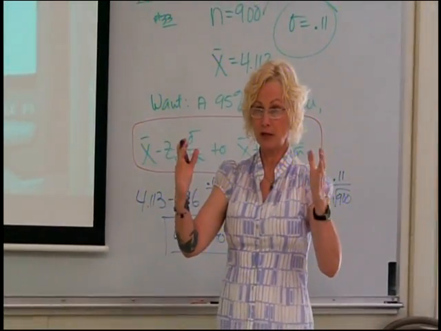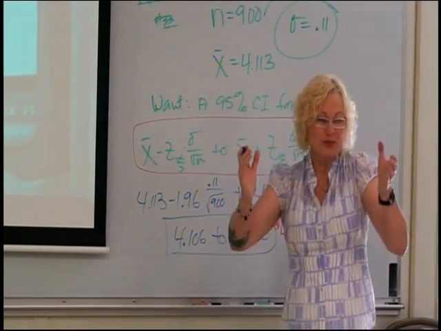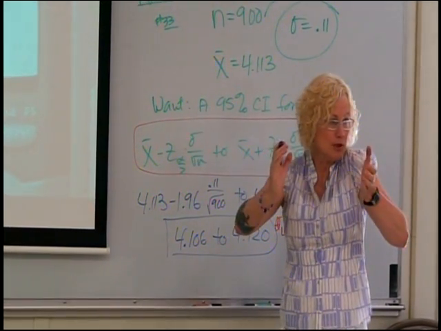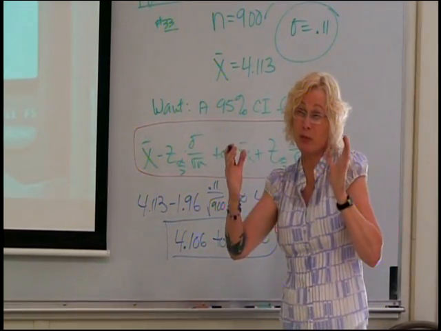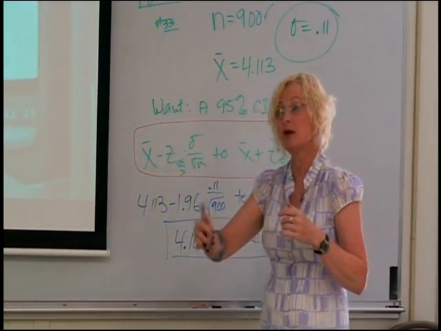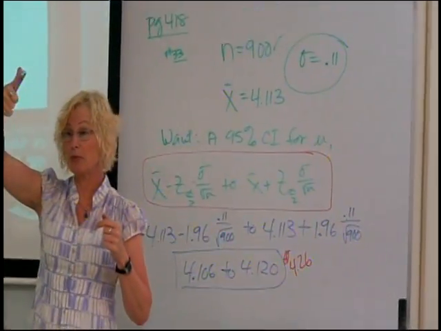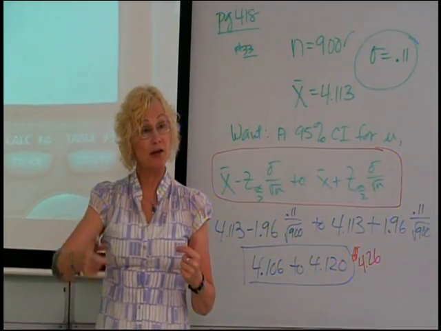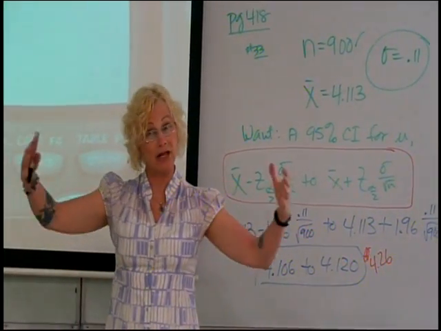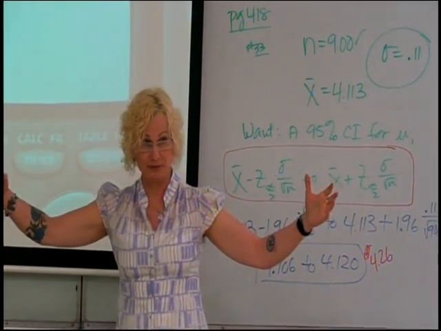The narrower it is, the closer you've kind of zoomed in on mu, and your precision is better. But again, that comes with a price, because remember last time we saw confidence level goes up, interval gets bigger. Sample size goes down, interval gets bigger, less precise.